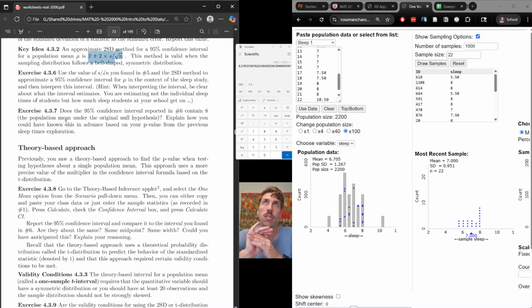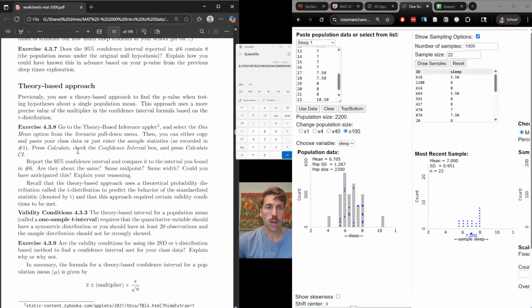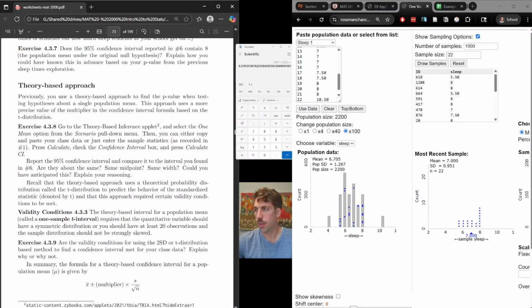A p-value is the probability, assuming the null hypothesis, that we'd get results this extreme. When it's really low, we reject the null hypothesis. But if it's bigger, then we say that's plausible, so we can't reject the null hypothesis. This question number 7 goes back to the idea in 4.1 of how null hypotheses and confidence intervals are related. So remember that. All right, I'm going to take a pause here, and then we're going to do the theory-based approach next.